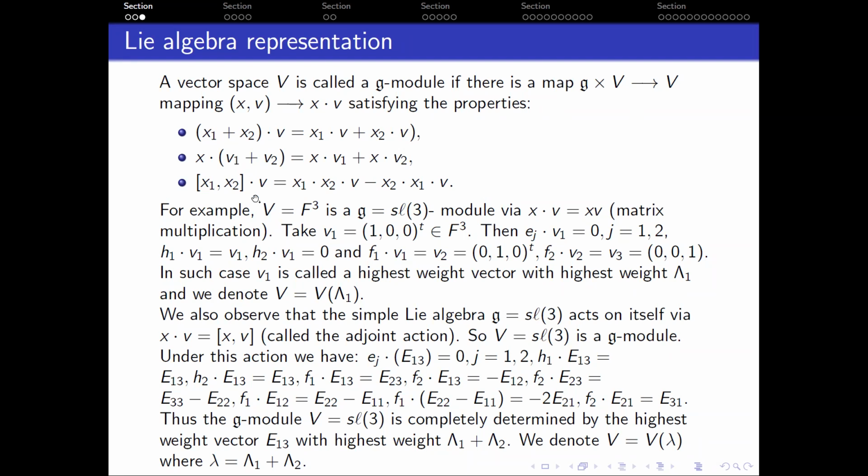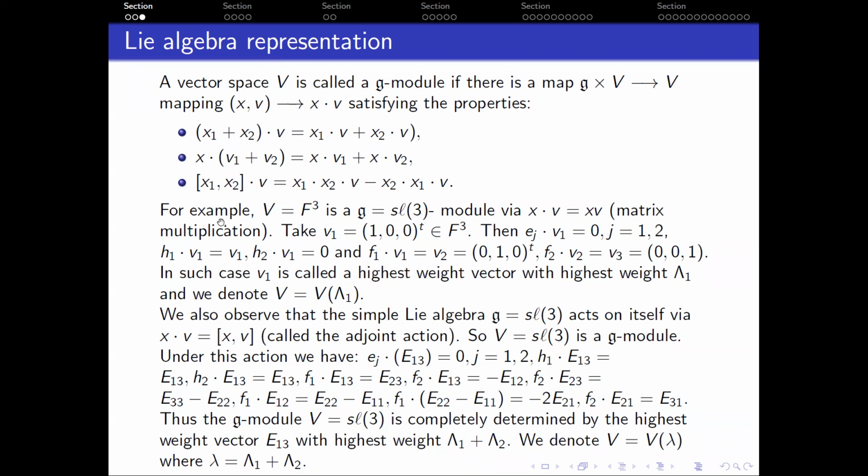And the last one is basically the compatibility of this action of G on V with respect to the multiplication in the Lie algebra. When we have a G module, we say that V is a representation space for the Lie algebra. In particular, any vector in the Lie algebra can be represented as a linear operator on V.